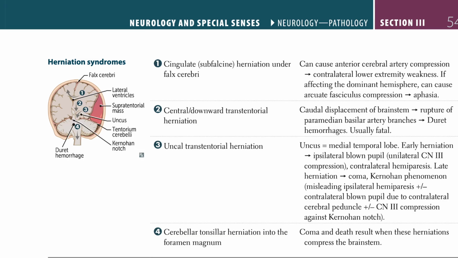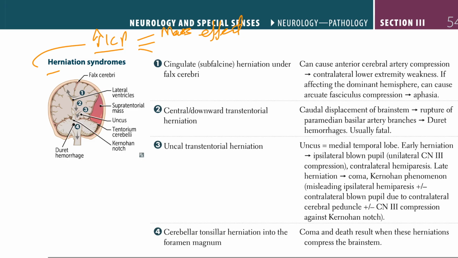Okay, now let's take a look at herniation syndromes. First of all, we have to know why we would have the herniation. Well, they occur if we have an increase in ICP, intracranial pressure. And why would we have an increase in ICP? A lot of causes. Some of them are if you have a mass effect.